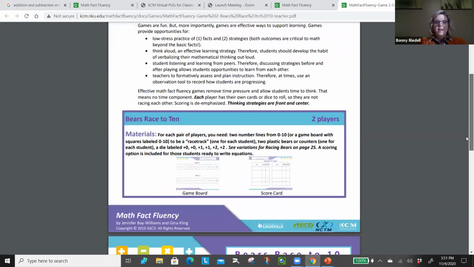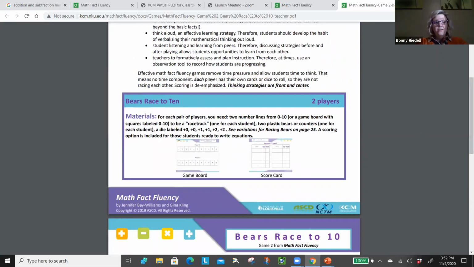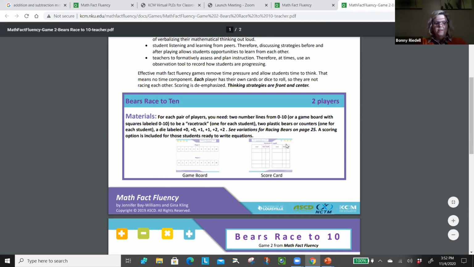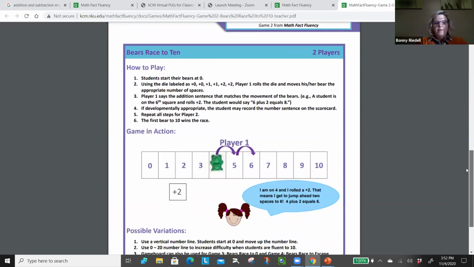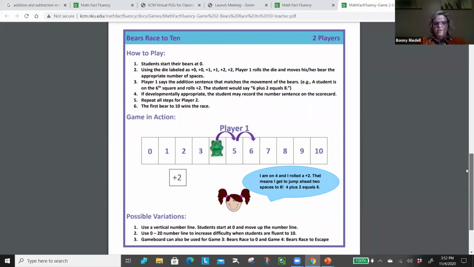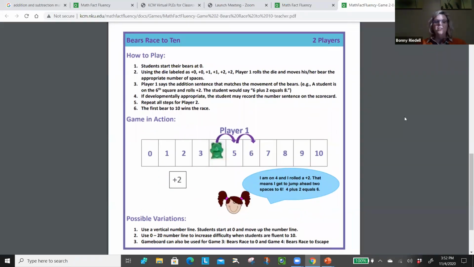And then it comes to the materials. You have a little picture here of the game board and the scorecard that you're going to be looking out for the students. This is what their game board and their scorecard is going to look like. And then the materials tells you what you need. This page is the instruction page. This is a great page to send home to families.